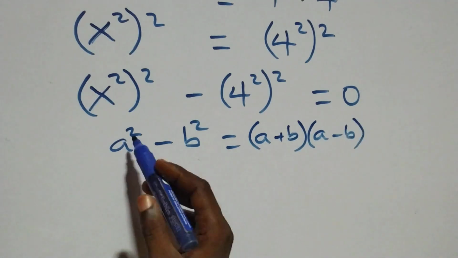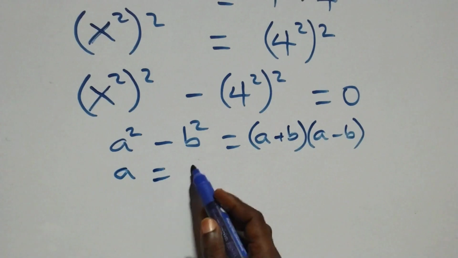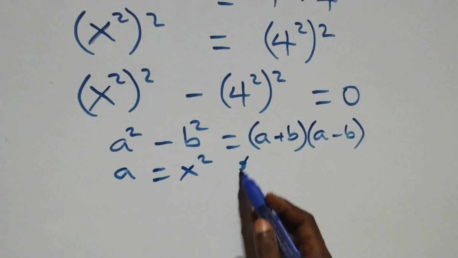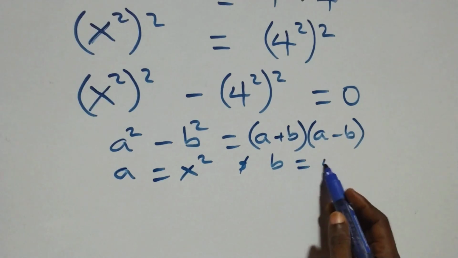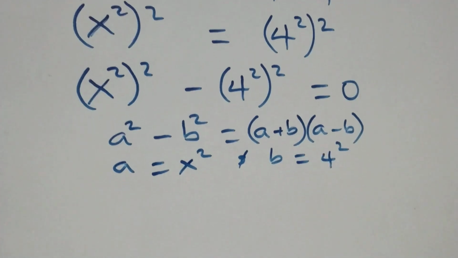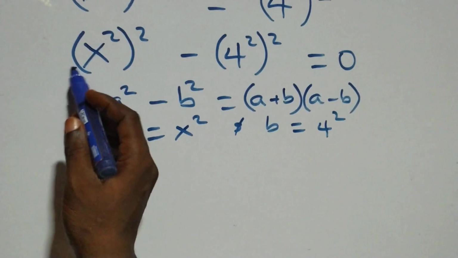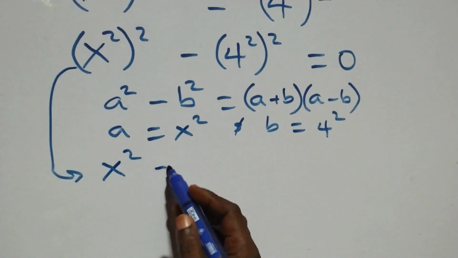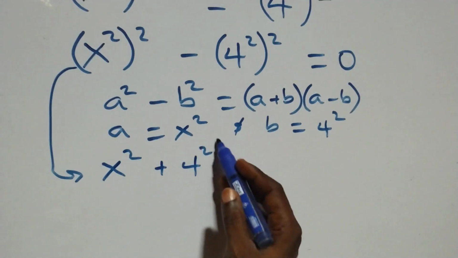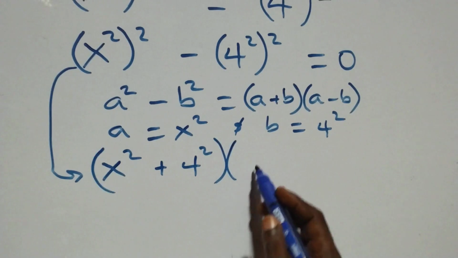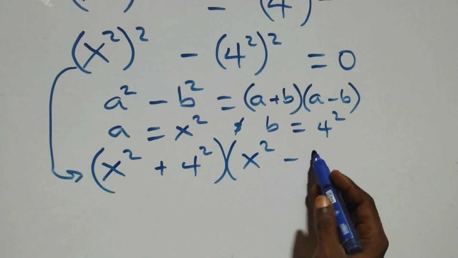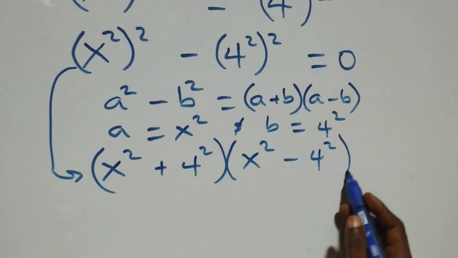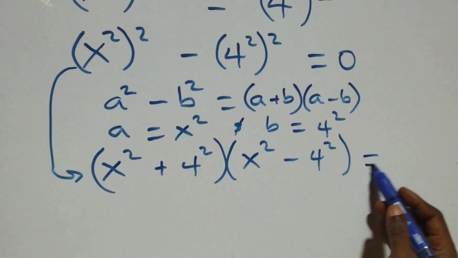Then here a is standing as x squared and b standing as 4 squared. Then what we have here becomes x squared plus 4 squared into brackets, then also open bracket x squared minus 4 squared close bracket, which is now equals to 0 on this side.